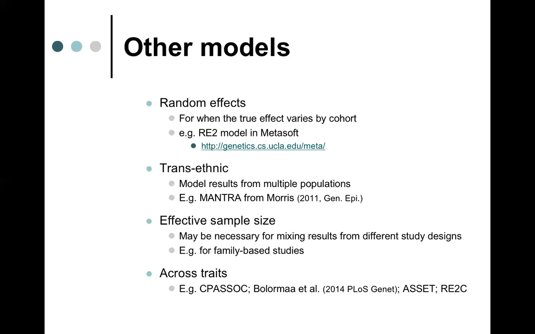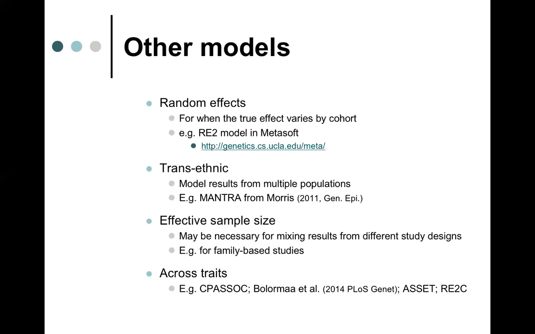So I wanted to conclude here by taking a little bit of time to run down all the different ways we might go beyond that really general basic meta-analysis model for GWAS. And the top one here is a random effects model. The fixed effects assumption doesn't apply, that there may not be an identical true effect size across your different studies, whether that's due to their various study designs or populations or whatever's going on there.